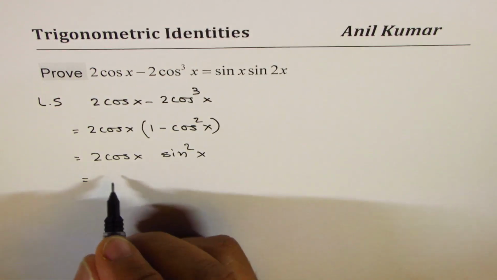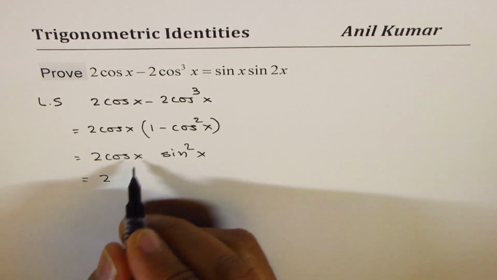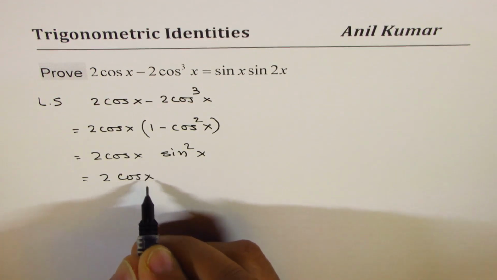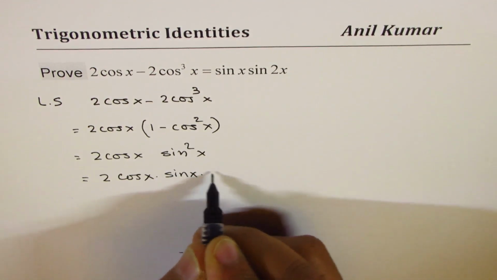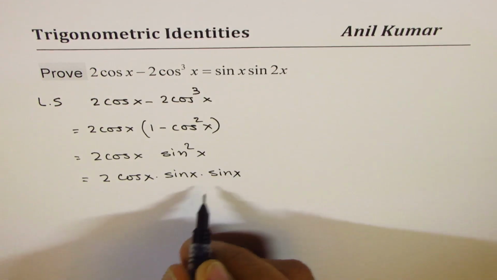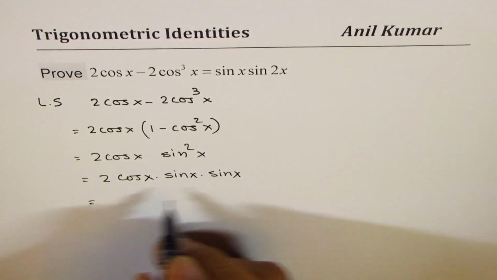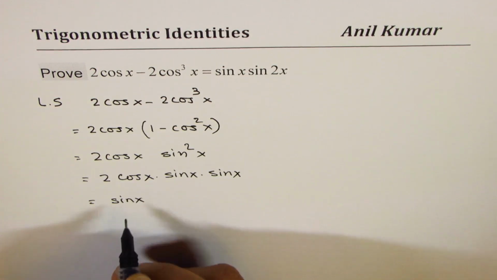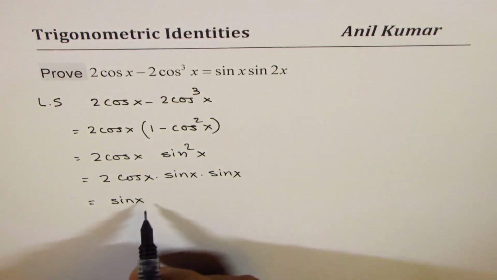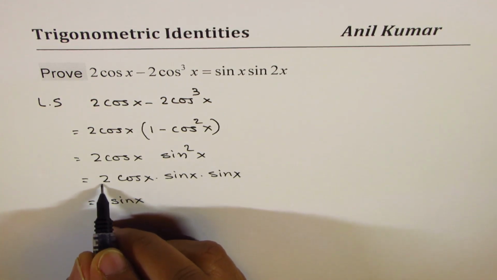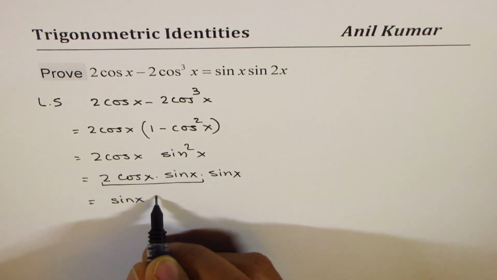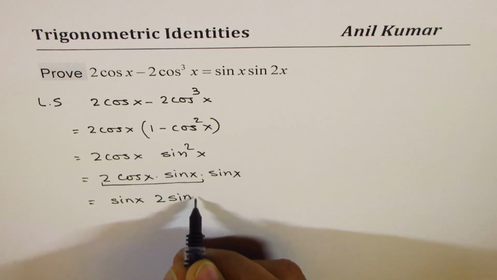Now we could rearrange it, right? I'll take more steps just to show you what I'm trying to do. I'm writing sine square x as sine x times sine x, and I'm keeping one sine x because I have to prove the right side of this expression, and writing these together as 2 sine x cos x.